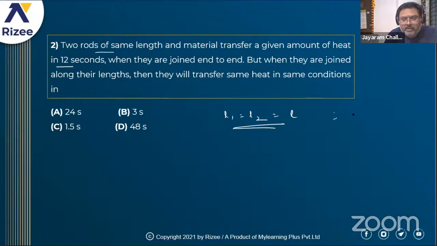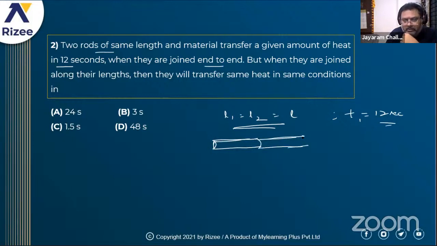Now when they are joined end to end, that means you are making the two rods into a series combination like this. In the series combination it takes a time of 12 seconds. Let me write it as Ts.